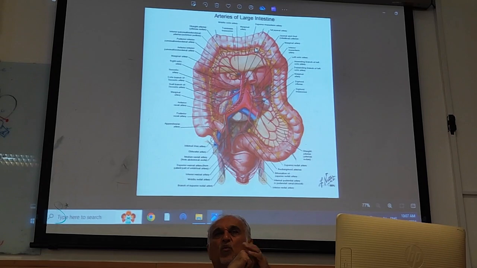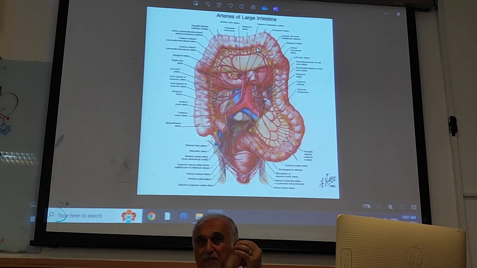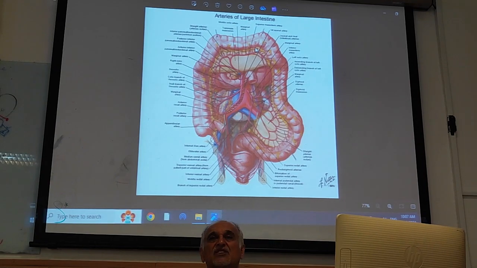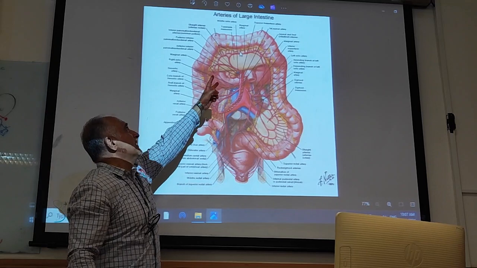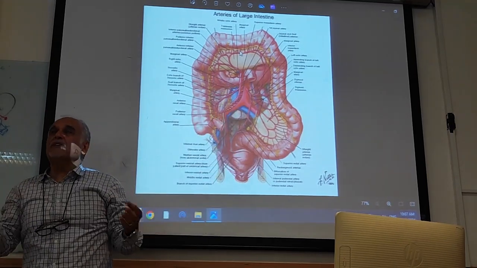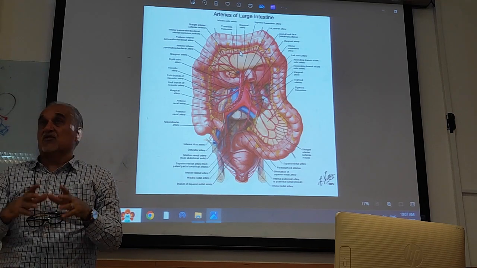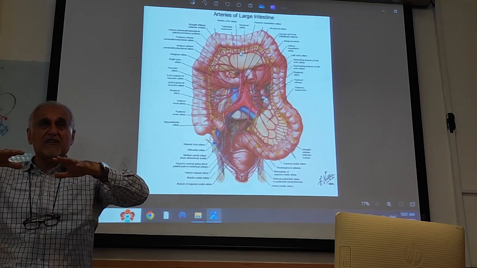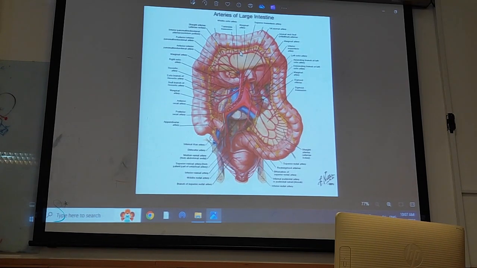If you ask me what is the use of Riolan space, I say, through this Riolan space, if you are a surgeon, you can make a cut here without any problem, you can reach the bursa omentalis. So, Riolan space is a space with the least junction between these arteries. So we can easily make a cut and go inside.